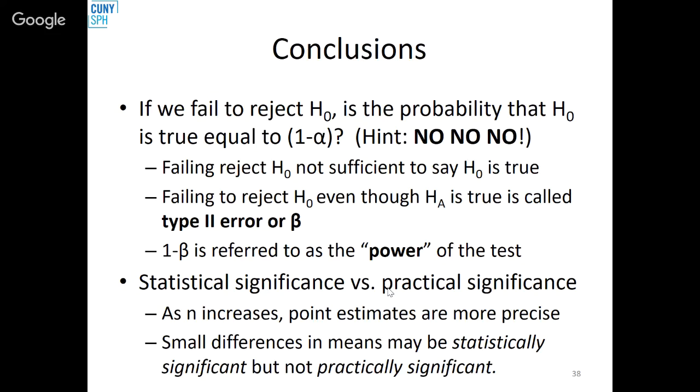And health-wise, it makes no difference, but you can detect it significantly. So small differences in means might be statistically significant, but not practically significant. Any questions before we move on?